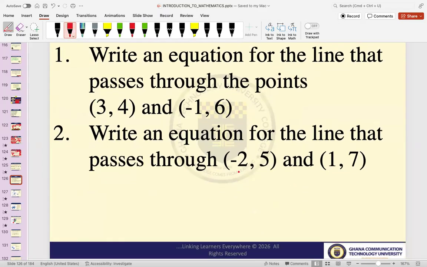So the first thing you identify is your first number, is your x1. Then the second here is your y1. So these are the starting points.